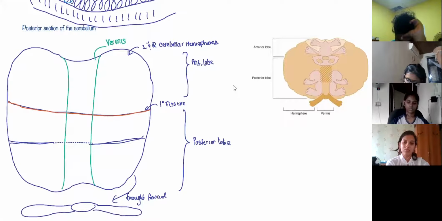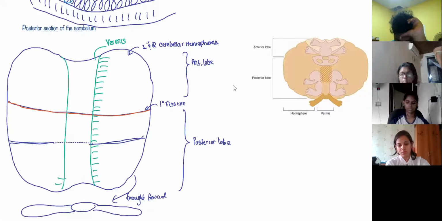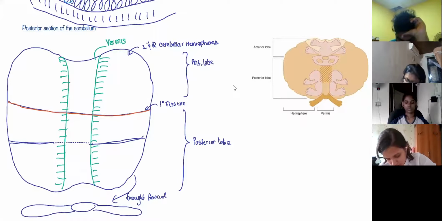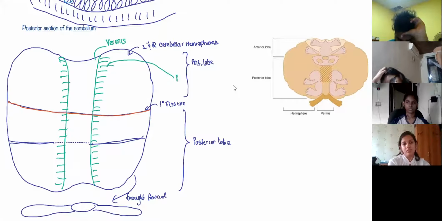Now, this region, which is just adjacent to the vermis, is called the paravermal area.